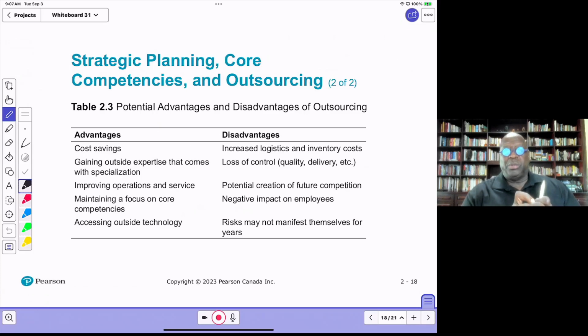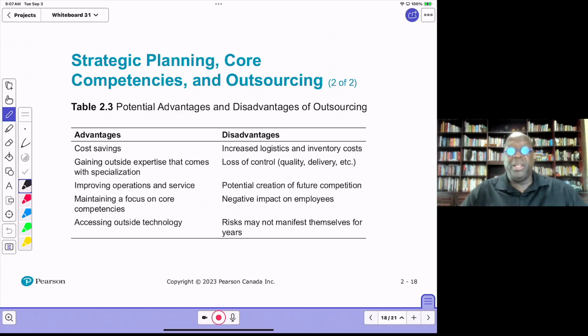And so outsourcing is a tool that can be used, and it has its advantages and disadvantages. So we could see that sometimes it could cause cost savings, gain outside expertise, improve operations and service, maintain a focus on what your core competencies are, and then you have access to technology that you don't currently have outside.